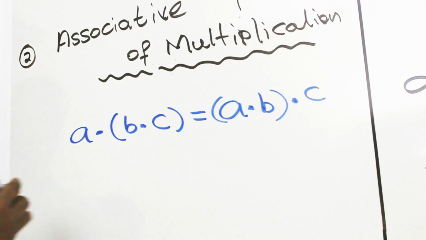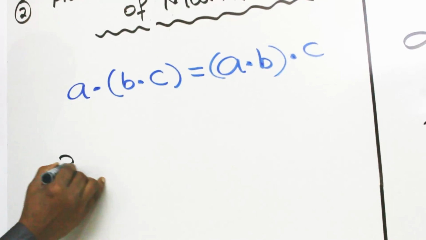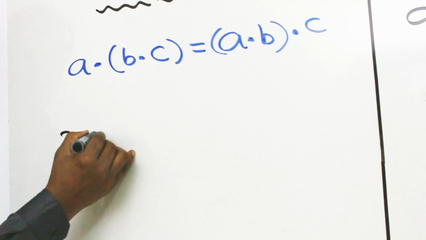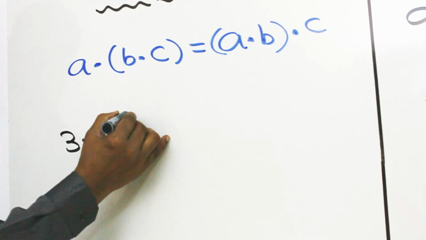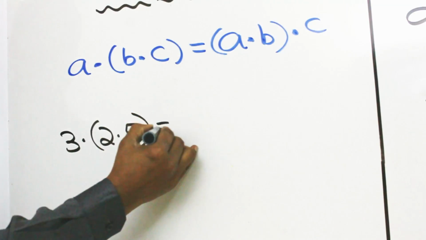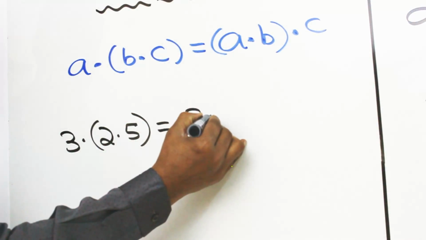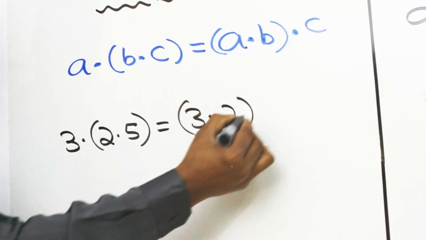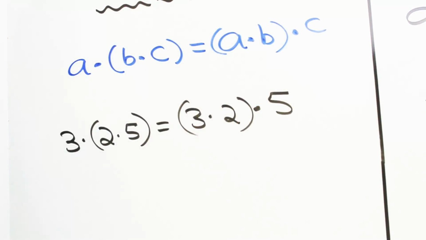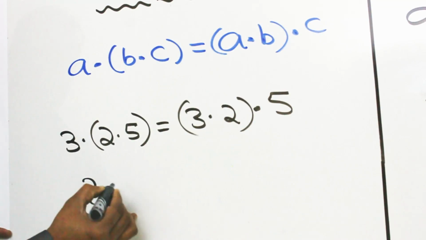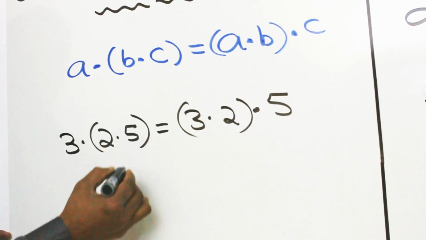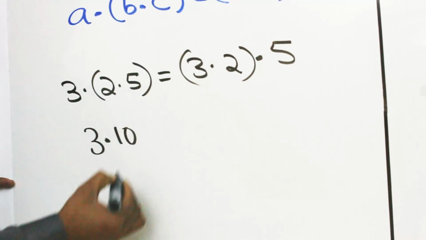3 multiplied by 2 multiplied by 5 equals 3 multiplied by 2 in brackets, multiplied by 5. We'll check this. On the left, 3 stays the same and 2 multiplied by 5 is 10.